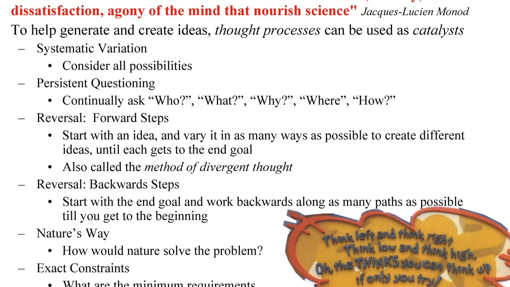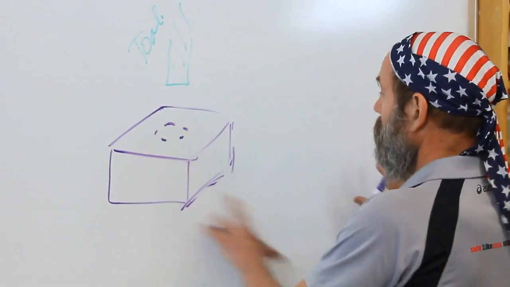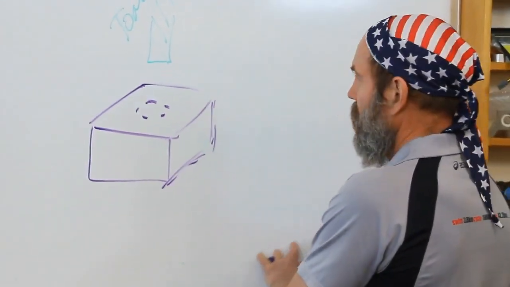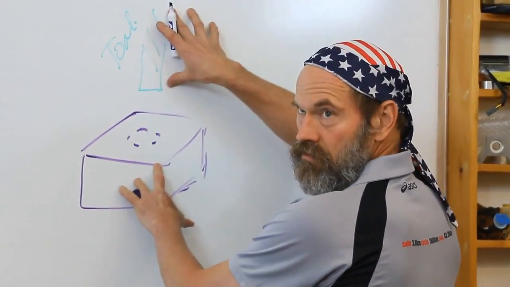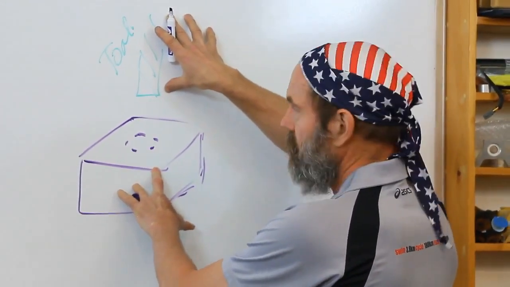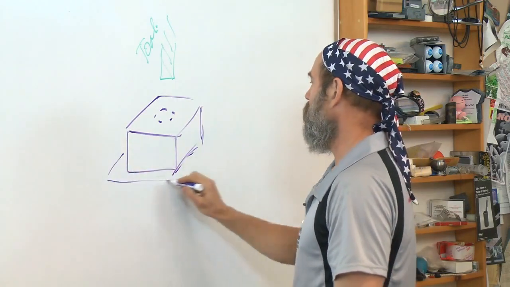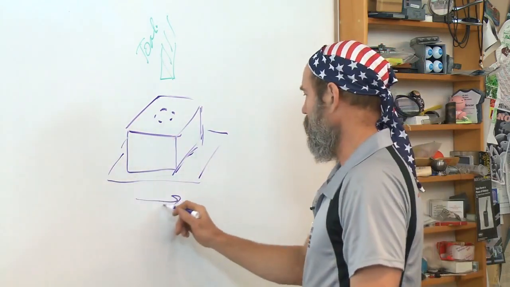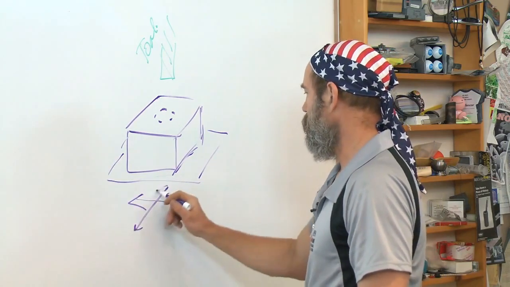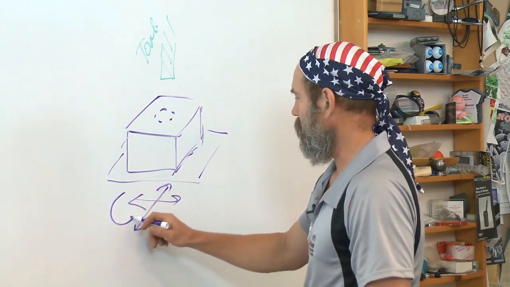Okay, so think about that in terms of forward steps. What's your idea and how many ways can you move forward until you get to the end goal? The workpiece is here, for example, and I want to position it to here and then connect it to the drill. So I've got some kind of a table, and now I want to go in the X direction, the Y direction, and do I want to also rotate it?